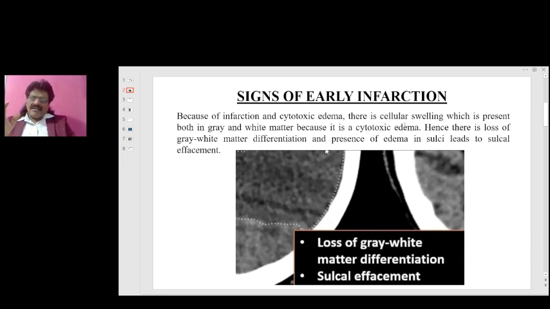Since there is edema in both gray and white matter, the Hounsfield unit changes, so there is loss of gray-white matter differentiation. Likewise, the presence of edema in the sulci makes them appear effaced, leading to sulcal effacement.